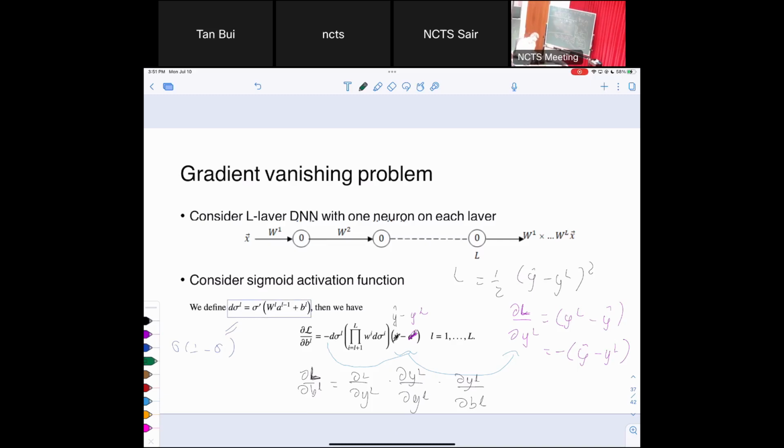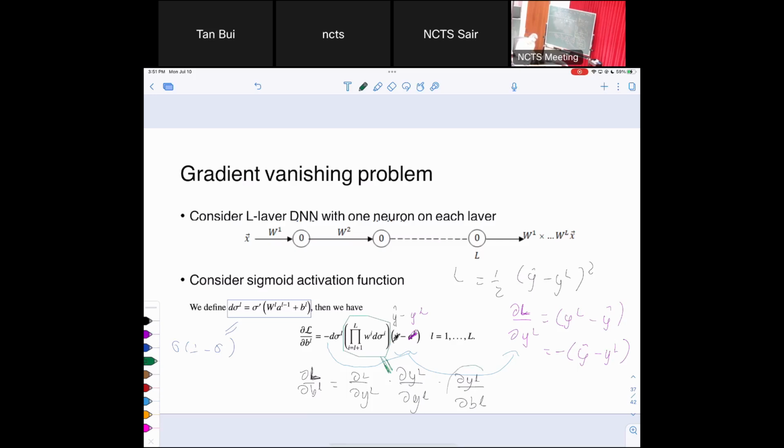So the green circle here is nothing more than dy capital L with respect to the little l, right?